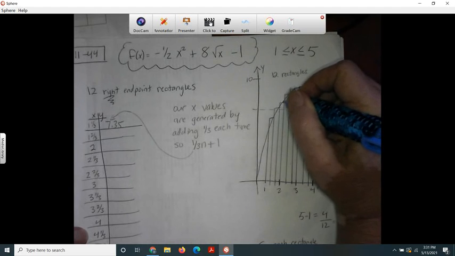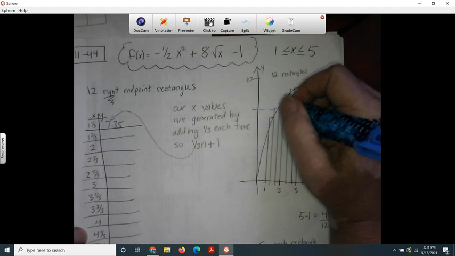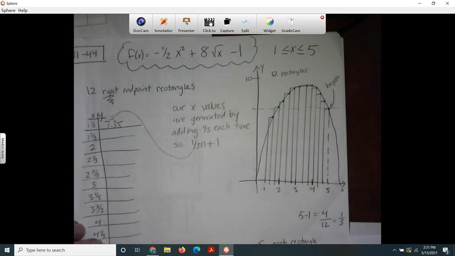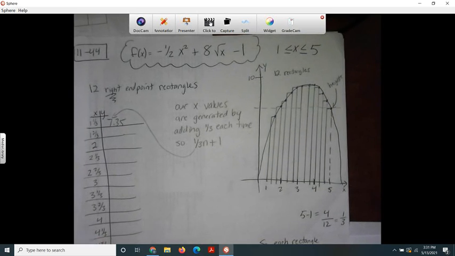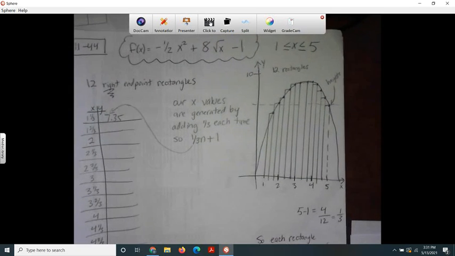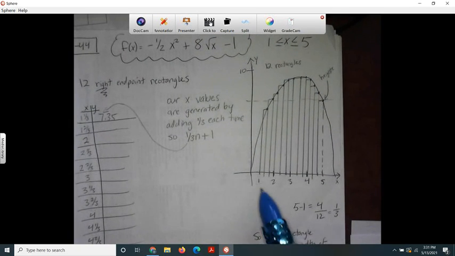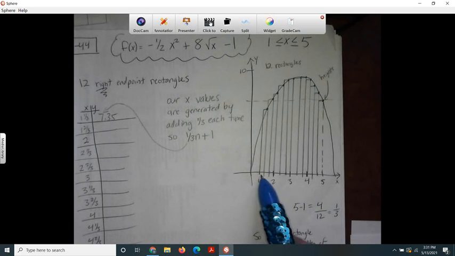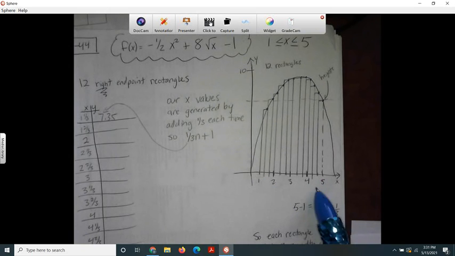there? So the way you figure it out is you look at your interval, it's between 1 and 5, and you know you somehow have to get 12 rectangles in there. So you go 5 take away 1, which gives you 4, right? Because there's like 1, 2, 3, 4 spaces that you have to divide up evenly into 12.